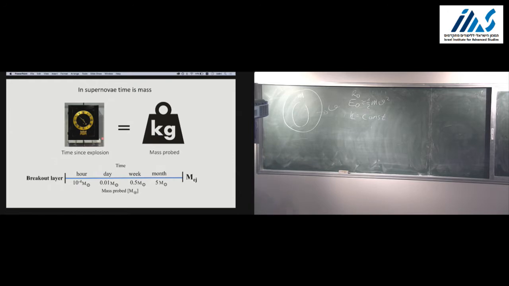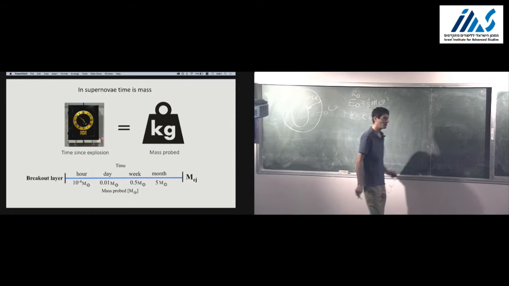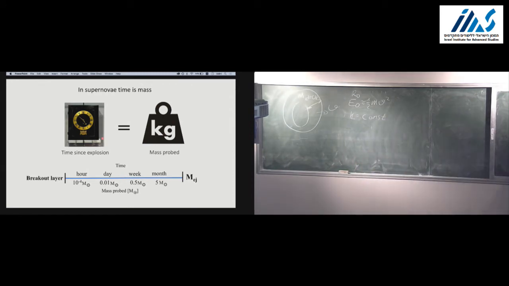Now we assume that there is only a single velocity here. Nevertheless, the width here, this d, is v times t. So we're in the homologous expansion phase, so every element r is equal to vt. Of course, if there was only a single velocity, if all this was uniform, then the width would have been constant.